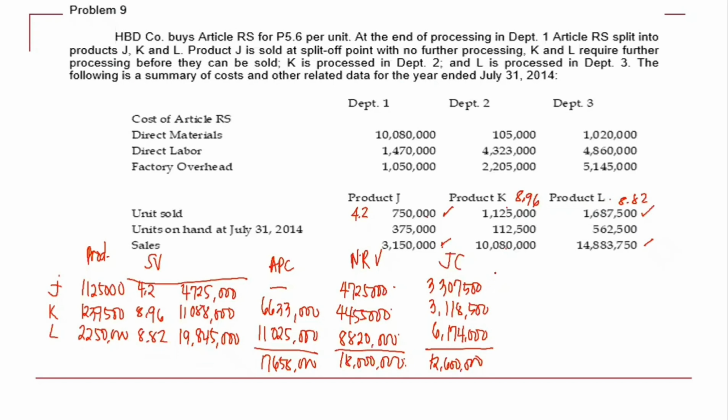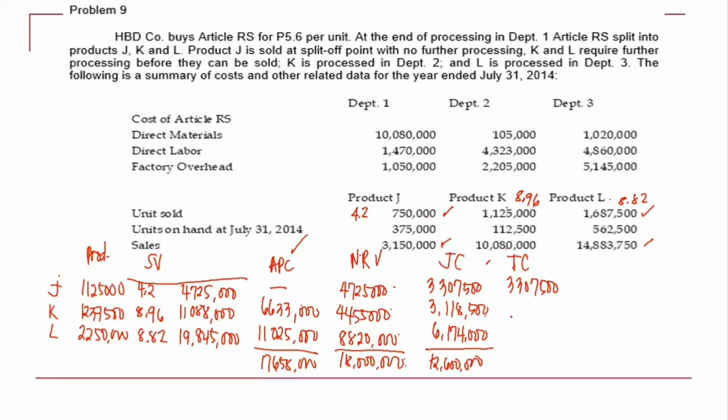And tinatanong ay unit cost, etc. So dito, kunin natin yung total cost natin. Ang total cost po natin ay for product J, ito na mismong joint cost natin, di ba? 3,307,500. Pero for product K na may additional processing cost, so 3,118 plus 6,633.